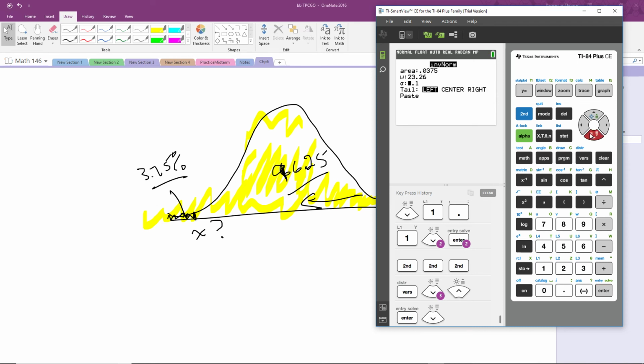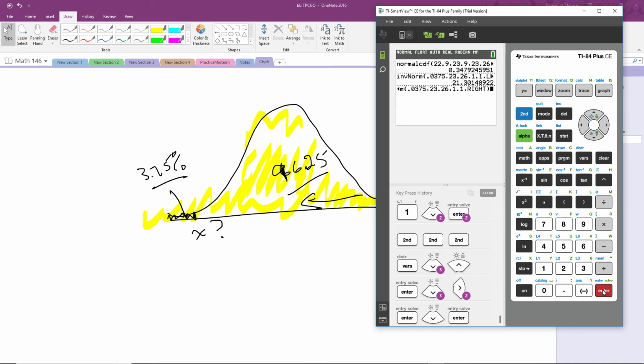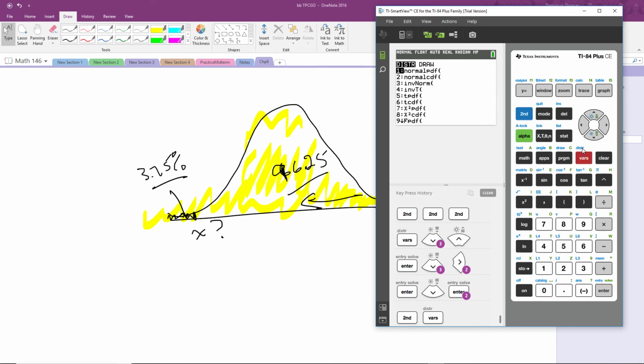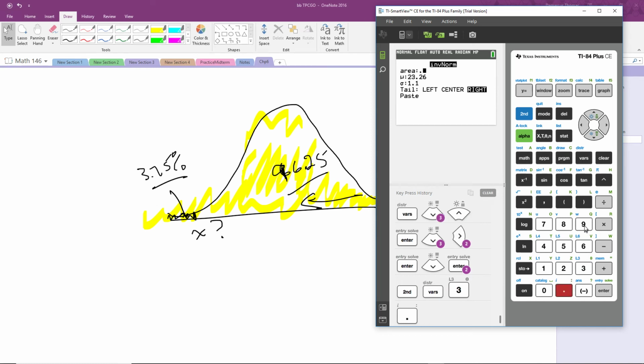I probably could have done to the right like this. Or enter in 0.9625 and just get rid of that tail.